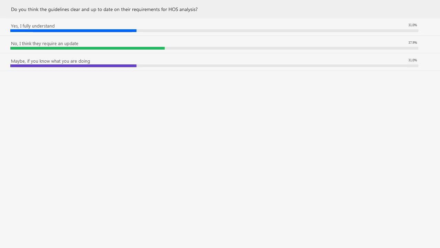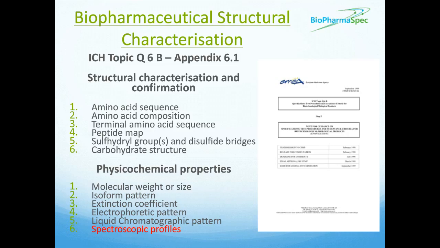So moving on, I want to concentrate a little bit more on the characterization and exactly what ICH topic Q6B Appendix 6.1 says with regard to higher order structure. As we've said in the past, it's very much focused on the primary structure and primary sequence, the amino acid sequence, but also the carbohydrate structure and the physicochemical properties.